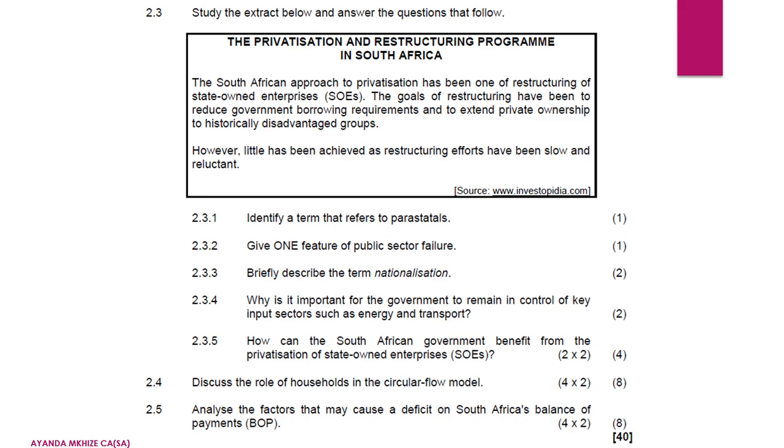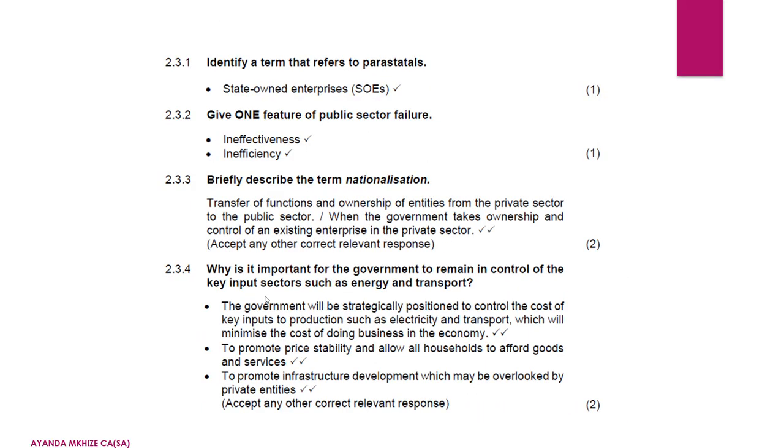But if we are making more imports, we are taking the country's money and giving it to China or the USA, whoever our trading partner is. So if we are making more imports, we are creating a deficit in the country. However, with more exports, we are creating what we call a surplus, which is what we would like to have. Now let's look at the solution and see what we have there.